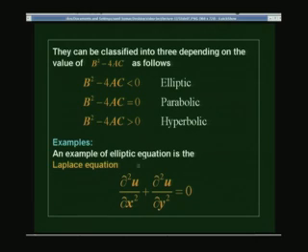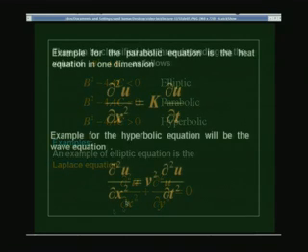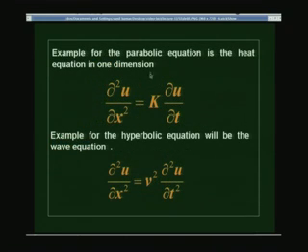An example for an elliptic equation is Laplace's equation, and an example for a parabolic equation is the heat equation, where b squared minus 4ac is 0. That's the heat equation, or the diffusion equation.